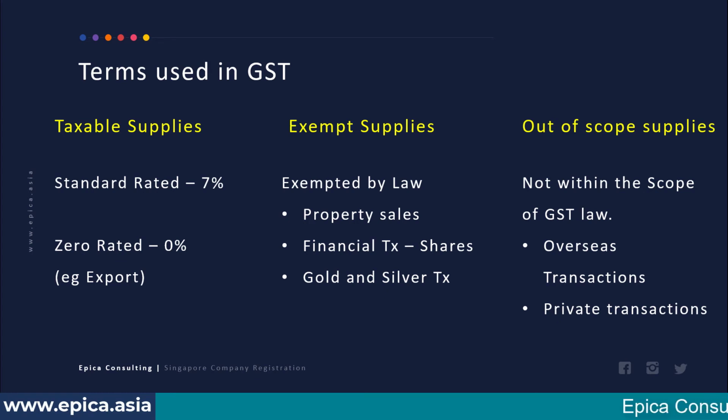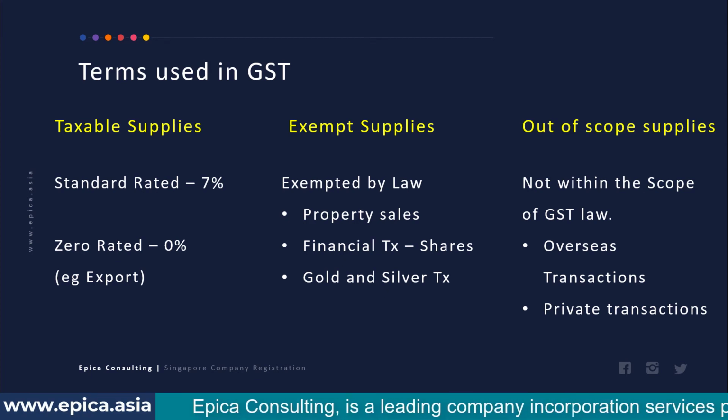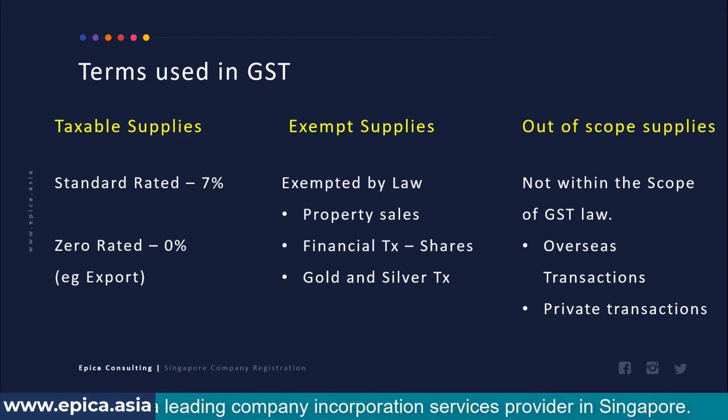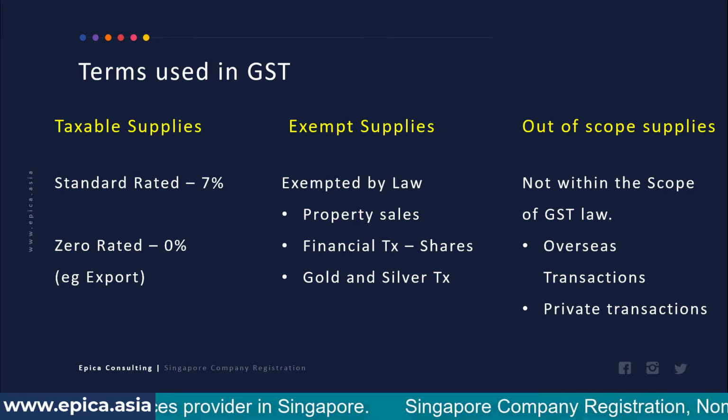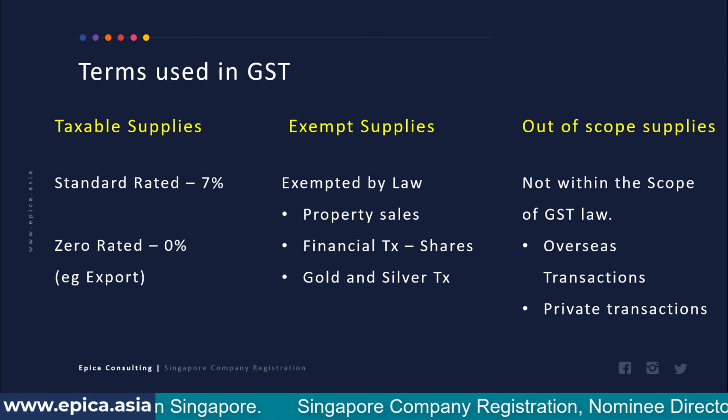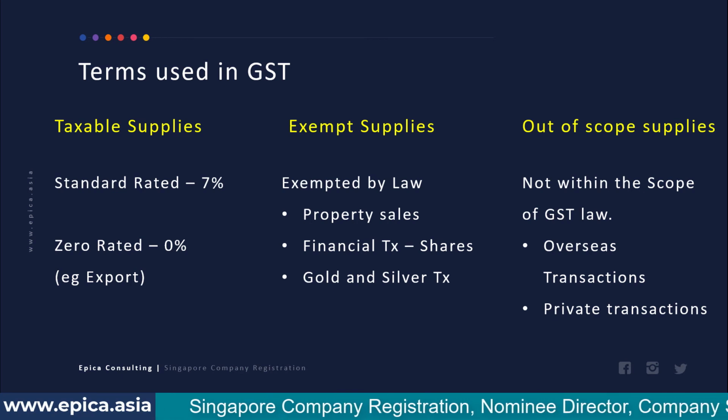Even if it is beyond the threshold of GST, because it is a private transaction, it is considered out of scope supplies. Exempt and out of scope appear very similar, but as I said, the difference is that exempt supplies are still within the purview of GST regulations but GST regulations have exempted them, whereas out of scope supplies are not part of GST regulations at all.